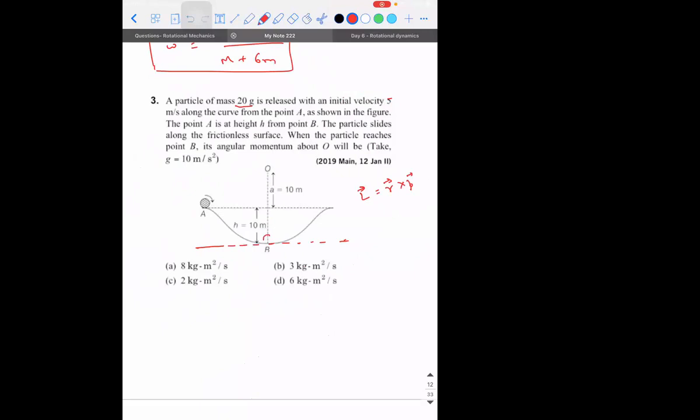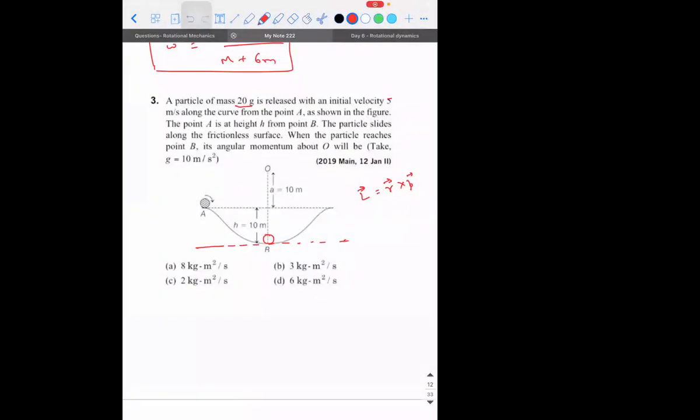Now tell me one thing, guys. When this object is rolling down at point B, what will be the direction of its momentum?